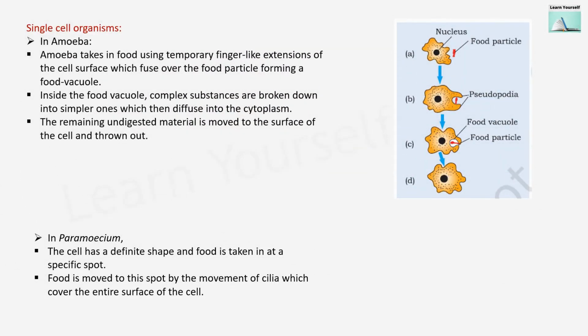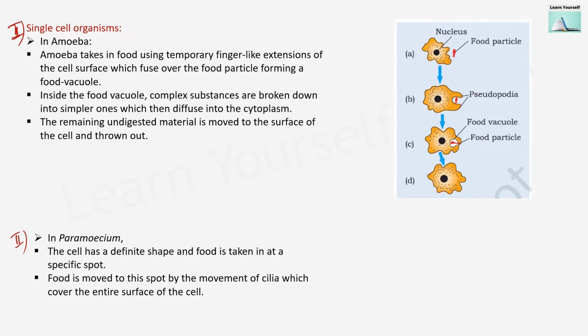Now, under the heterotrophic mode of nutrition, we are going to discuss two specific cases. The first is the amoeba's case and the second is the paramecium case. Amoeba is a single-celled organism which takes in food using temporary finger-like extensions of the cell surface which fuse over the food particle, forming a food vacuole.